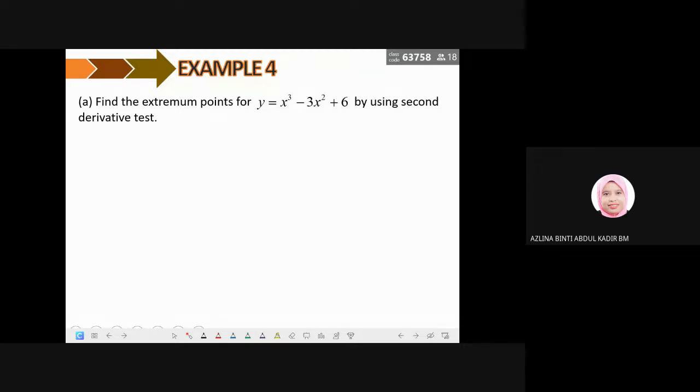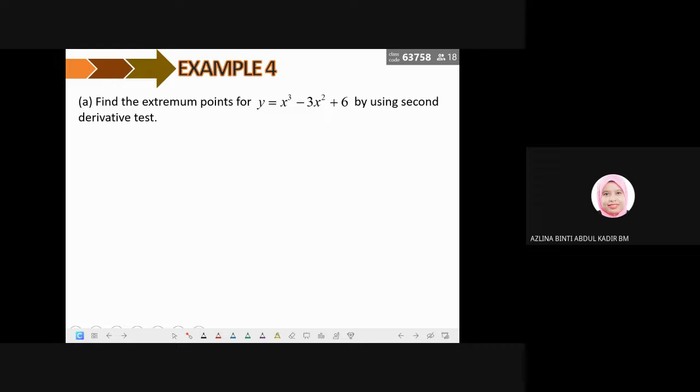Okay, look at example. Example 4 actually same as example 2 and 3. So ingat untuk cari extremum point using second derivative, step yang sama sahaja. First you differentiate. Given y is equals to x cubed minus 3x squared plus 6.